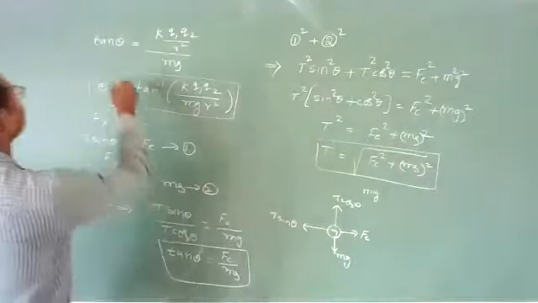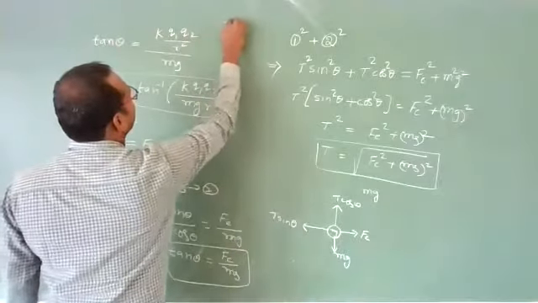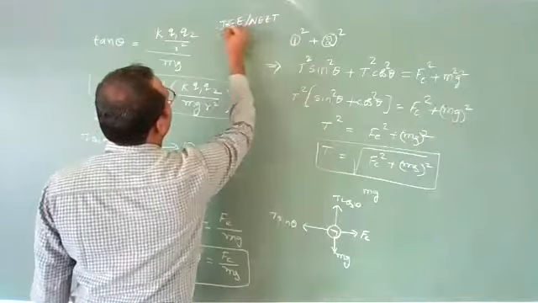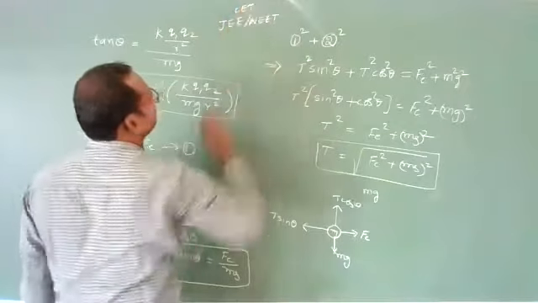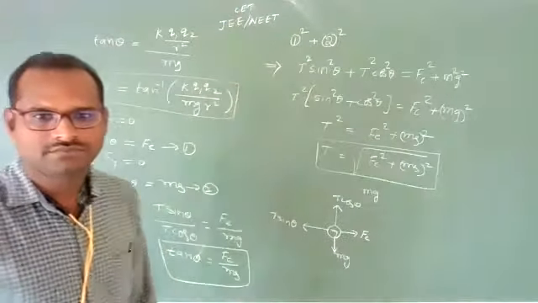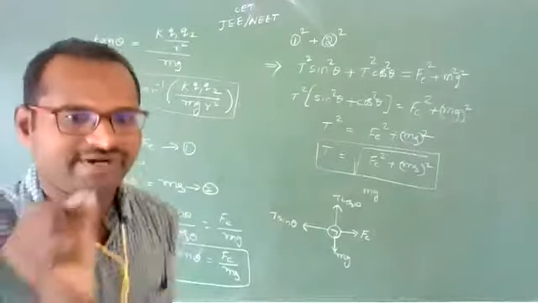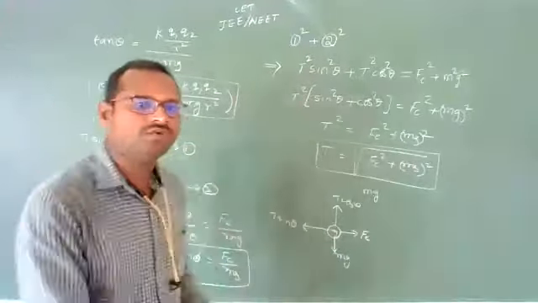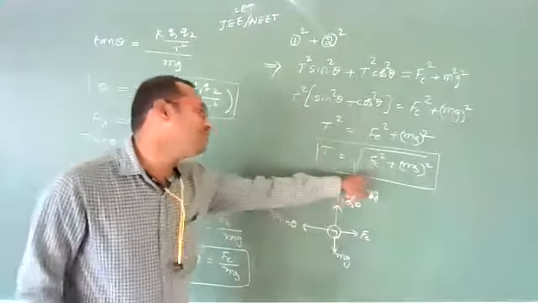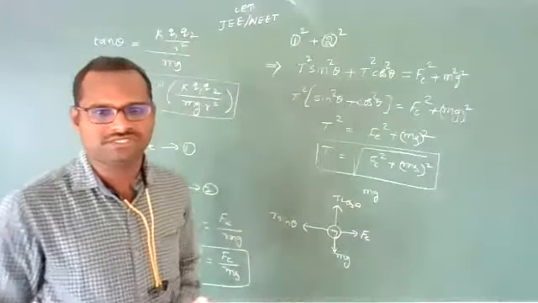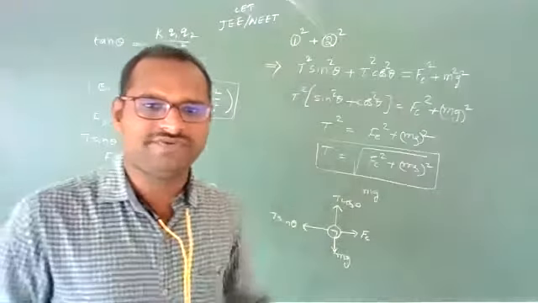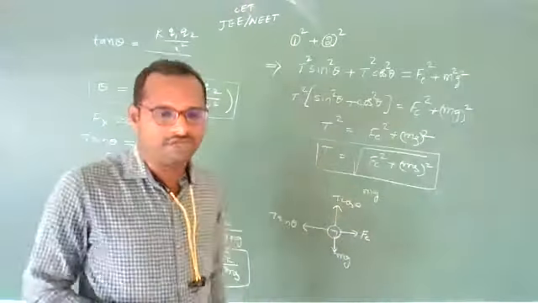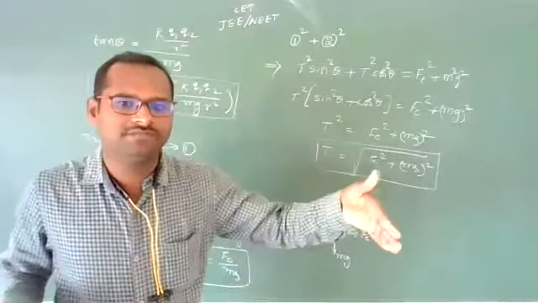JEE students and NEET students, both of you need to understand this concept, and CET students also. So how to find tan theta, meaning what angle it is making, how to find tension, and how to find electrostatic force. These all things understood, no? Finding electrostatic force is very easy. How much angle they are making, how much distance they are repelled.